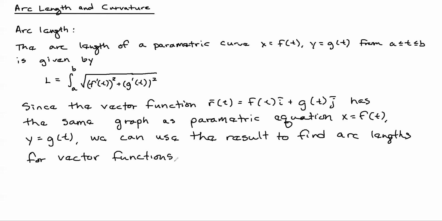So one way that you could do that would be if you started with a vector function, you could convert it into the equivalent parametric equation, and then from there jump and use this formula.